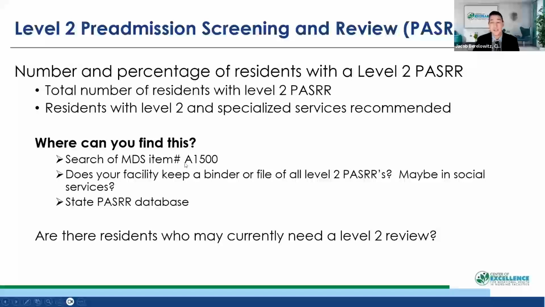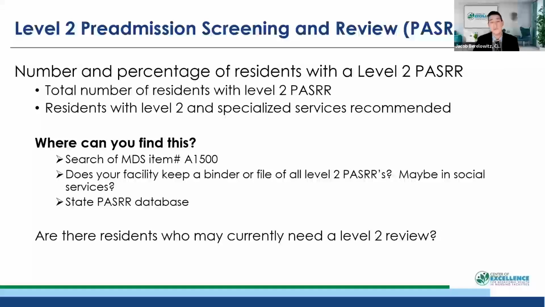You can check MDS item A1500. Now, the A section of the MDS is all about basic demographic information about the resident, right? Like their admission date, where they came from, their social security number, their date of birth, but it also asks about PASAR.